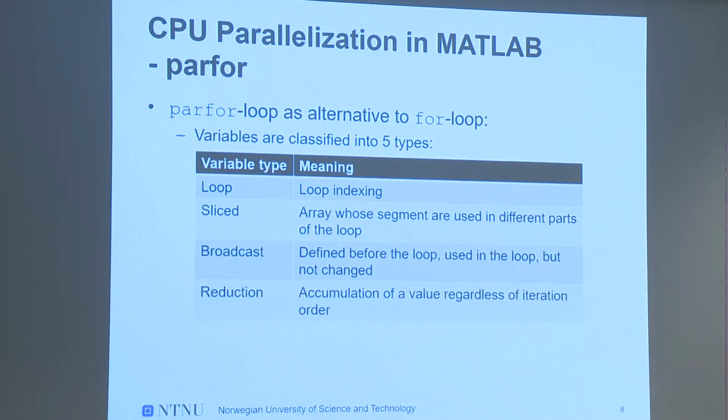We have reduction variables, which can be an accumulation or reduction of a certain variable, but it is important that what you do with that is associative. Because if it's not associative, you get wrong results in the end, because then it depends on the calculation order. And finally, we have temporary variables, which are only variables inside the loop, and they are not available afterwards outside the loop. So be careful whether you define something as a temporary variable.